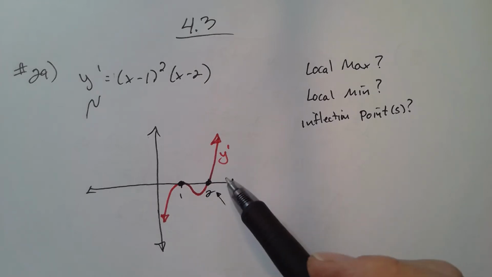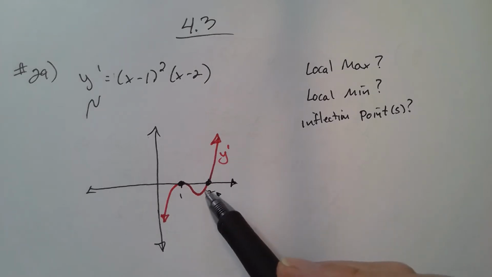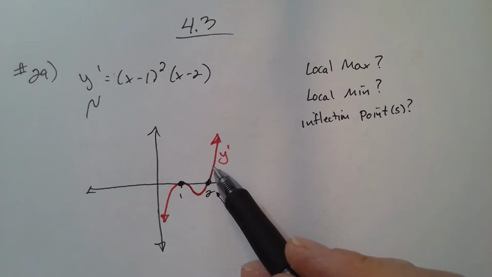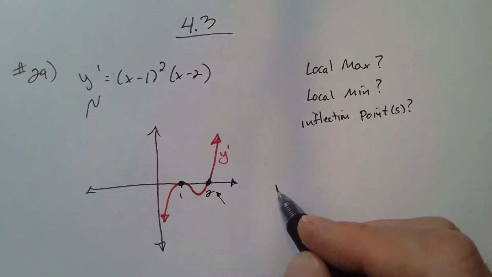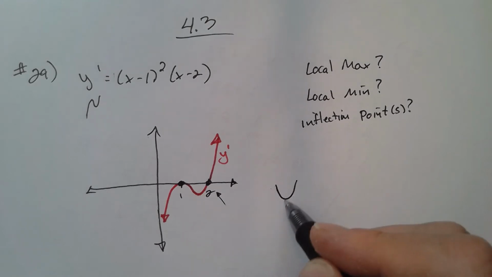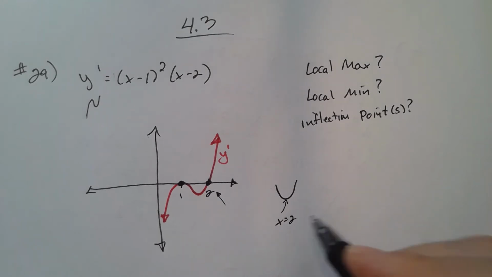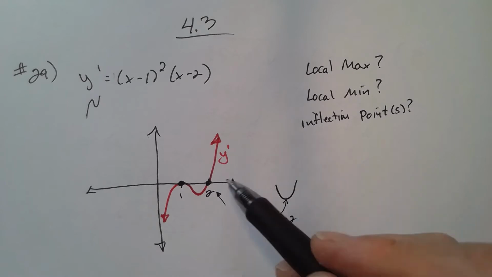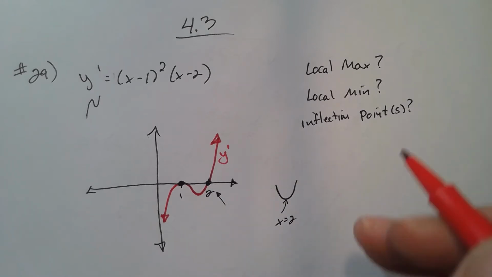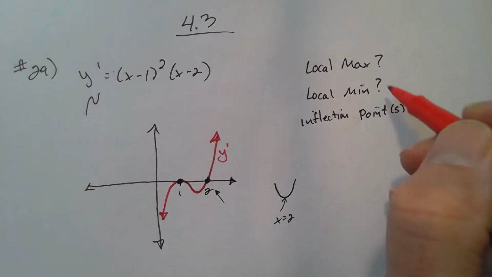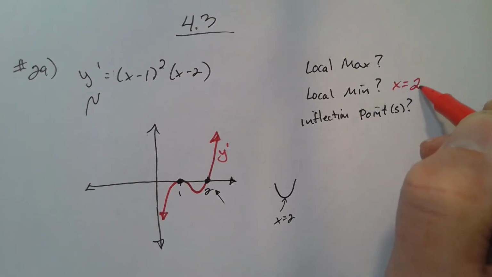The original function y, if you have a negative derivative, is going to decrease, and afterwards, since the derivative is now positive, it's going to increase. So the original is going to decrease and then increase at x equals 2. That means we have a local minimum at x equals 2. So local minimum at x equals 2, we know that much.